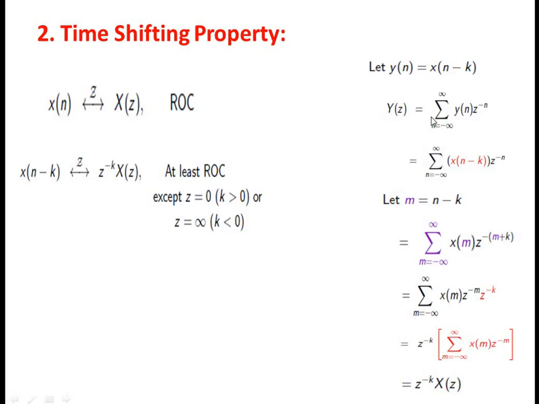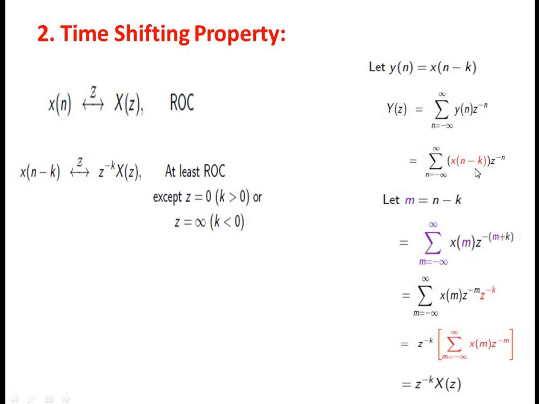Okay, now we'll prove this one. We can take x of n minus k as one variable, that is y of n. The general formula is the Z transform. Now we can replace y of n as x of n minus k. Here we have two independent variables, so we are going to convert this to a single independent variable, that is m. We can write it as n minus k equals m.